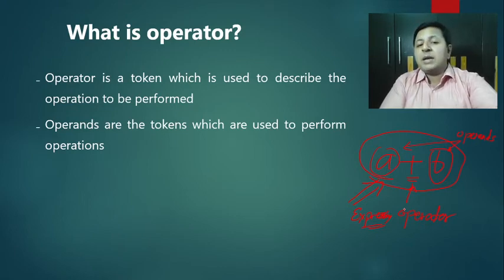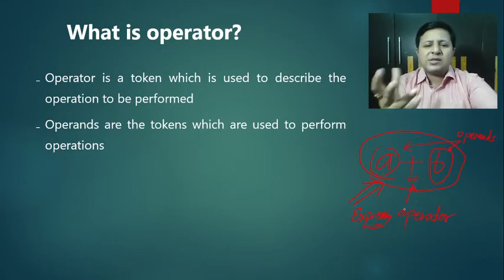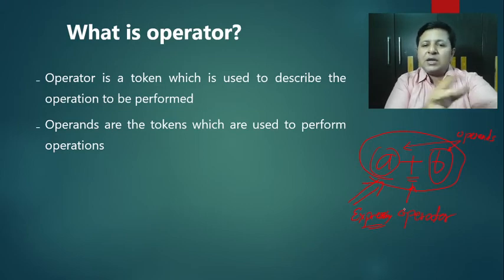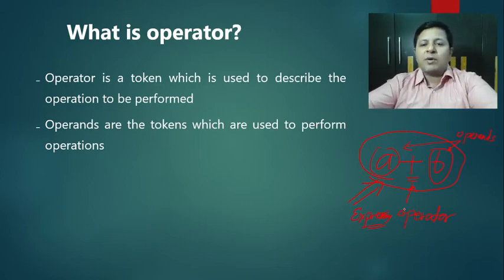If I say plus AB, obviously it's a different type of expression, but that is not currently recognized by us. Maybe later on you'll understand different types of expressions when you go for other subjects like data structures: if I write plus AB, where the operator is before the operands, it is a different type of expression called a prefix expression. I can even have AB plus, which is a postfix expression, and so on. That is currently not relevant to the scope of discussion.